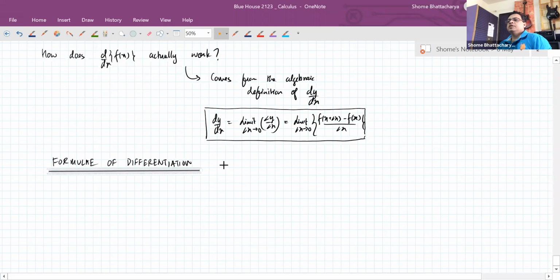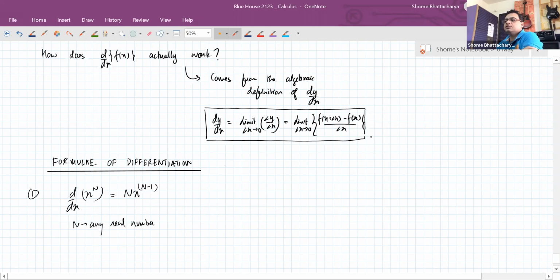So for example, one basic formula is that differentiation of x to the power n, where n is any real number, is given by n x to the power n minus 1. I'll show you some examples in a moment of how this formula actually comes.